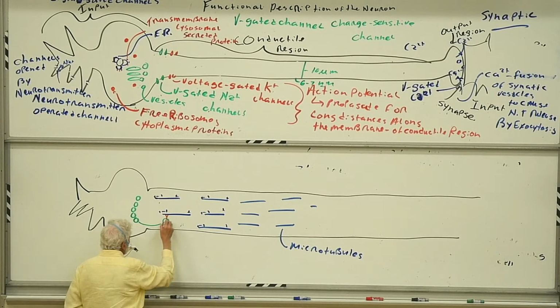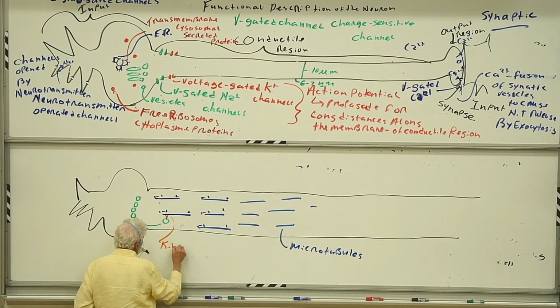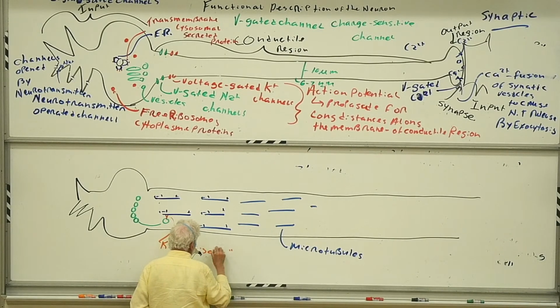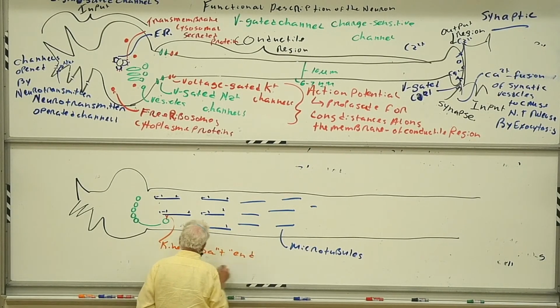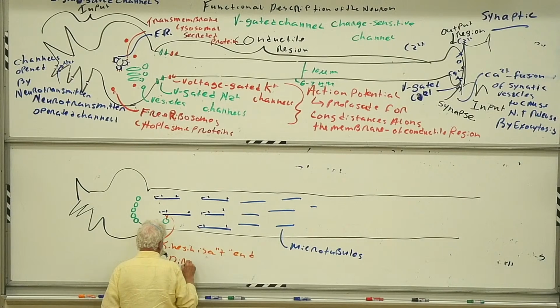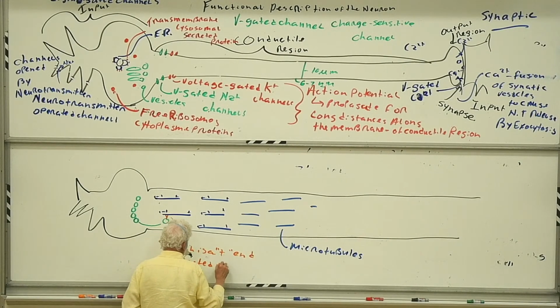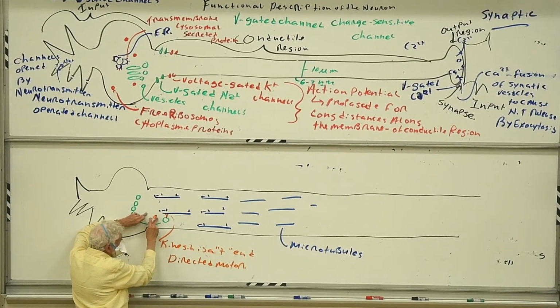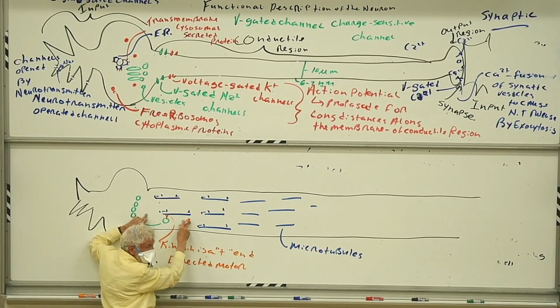And because kinesin is a plus end directed motor, it drags this vesicle from the minus end of the microtubule toward the plus end.